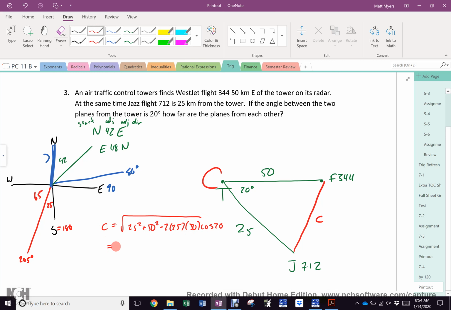And you're going to punch that in while I punch it in, and you're going to get an answer. What do we get? 1 decimal place is fine.